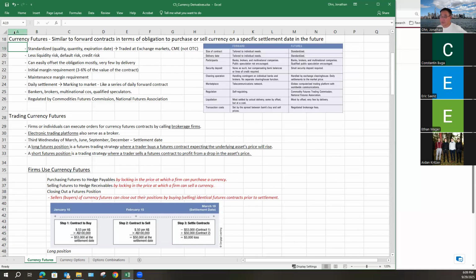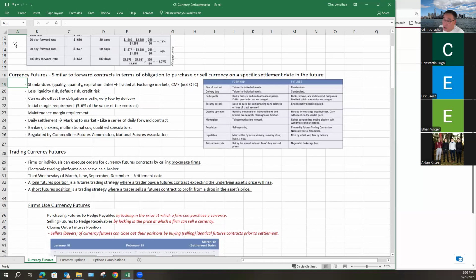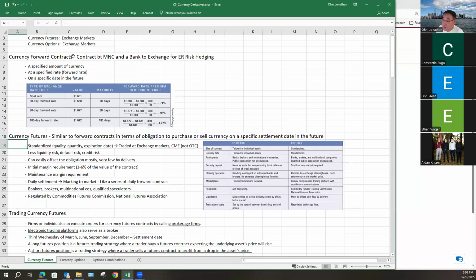All right, thank you. This we talk about the forward contract, right? Now, futures. Currency futures are similar to the forward contract in terms of the obligation to purchase or sell currency on a specified settlement date in the future at the specified rate.